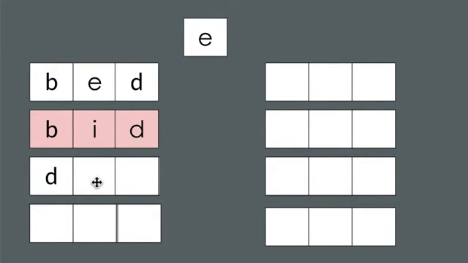D. E is represented by what letter? E. N is represented by what letter? N. D, E, N. Den. This follows our pattern because it's one vowel followed by one or more consonants, which makes it have the short E sound.